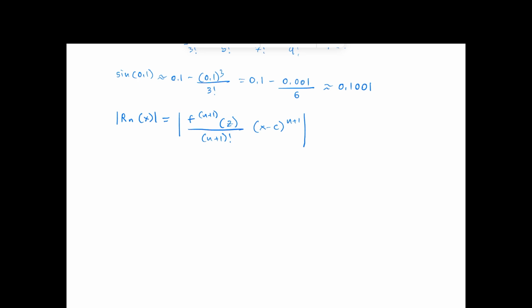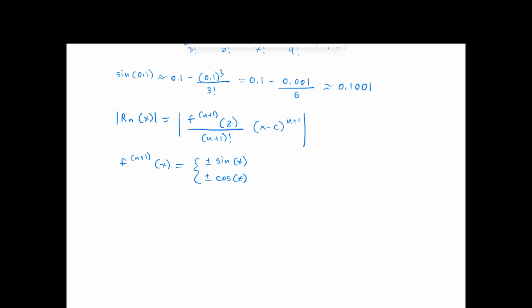Well, because we're dealing with our sine function, we know that the n plus 1th derivative of sine of x is going to be either plus or minus sine of x or plus or minus cosine of x for every possible n, right? Because we know that it comes in cycles of 4, so the original function is sine, then the derivative is cosine, then negative sine, negative cosine, and back to sine.